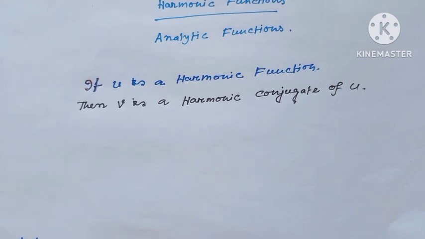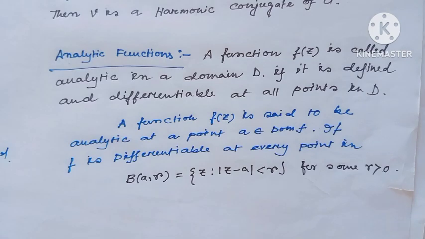At first I will see the definition of an analytic function. When is a function analytic? A function f(z) is called analytic in a domain D if it is defined and differentiable at all points in this domain. A function is analytic on a domain D means it is differentiable at all the points in the domain.